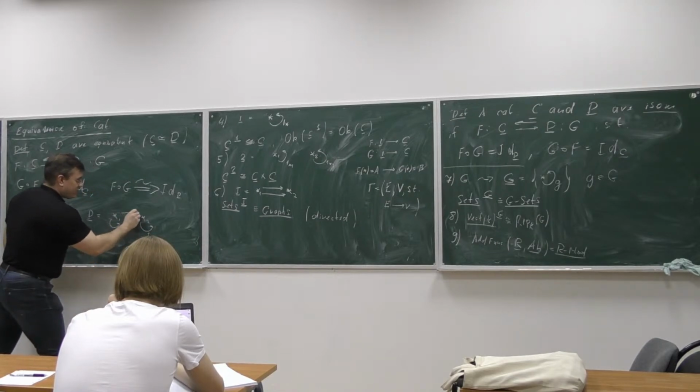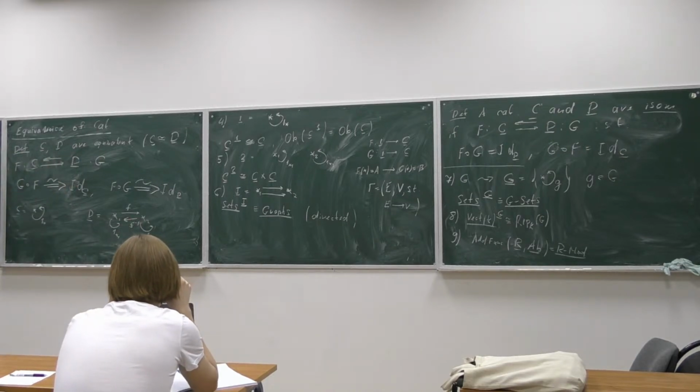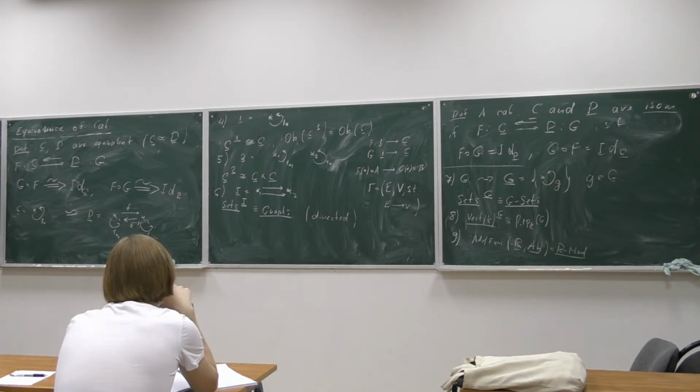But now I have two arrows, f and the inverse of f, f inverse. So these two objects are isomorphic. I claim that these two categories, of course, are not isomorphic because there is no bijection on the sets of objects, but these two categories are equivalent.